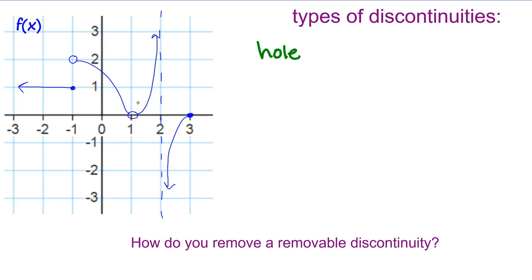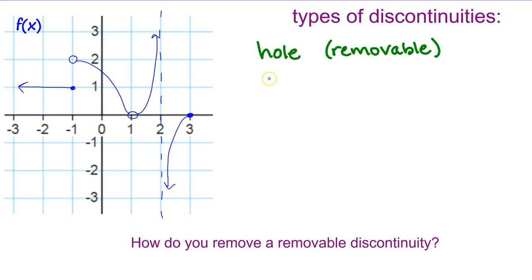But if all we did was add another point right here, we would fill in the hole, eliminating the discontinuity, removing the discontinuity. So if that's possible, it's called a removable discontinuity. So a hole is a removable discontinuity.